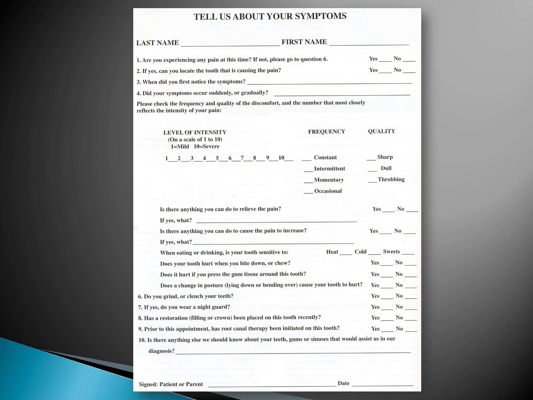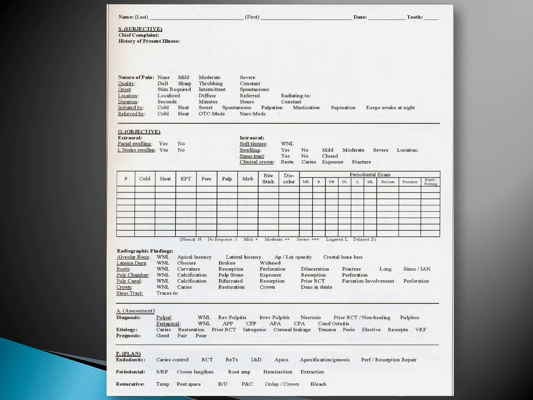Several questions. This is a sample of a form which can help you with what kind of questions you can ask. Also, if we look at the upper part of the paper, we will see the quality: dull, sharp, throbbing pain.